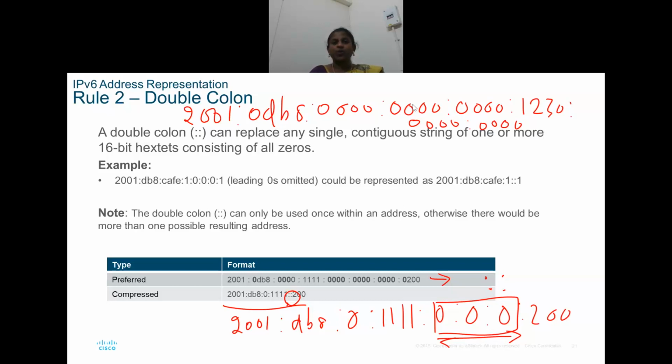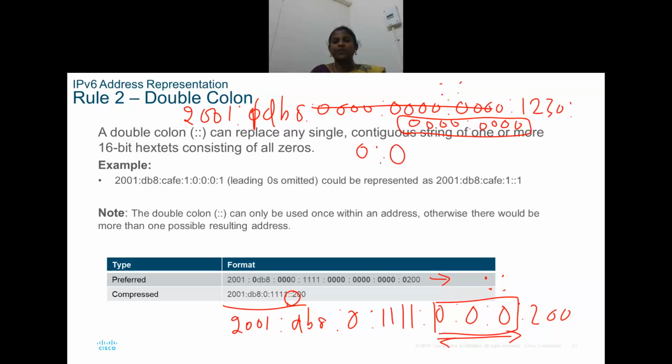Yes, Vaishnavi, you got the answer. It is 2001 DB8, and you can omit this 0. All these can be replaced with a double colon, and 1230, and this cannot be replaced with a double colon; instead, you should use 0 colon 0.